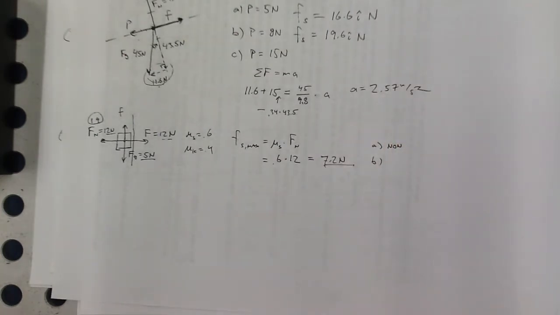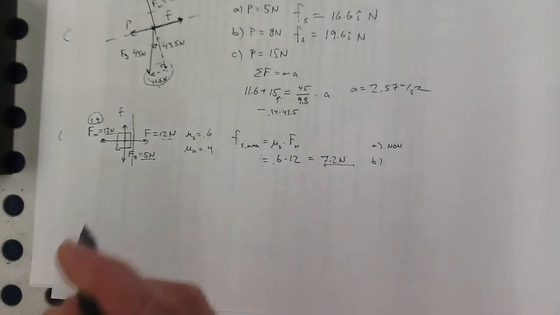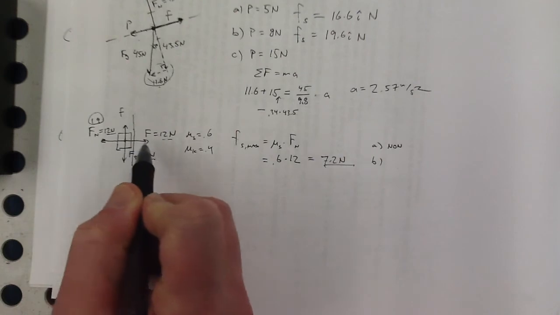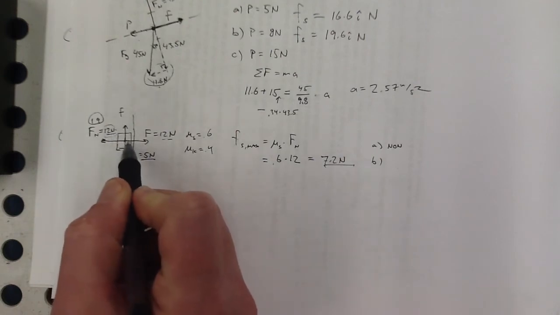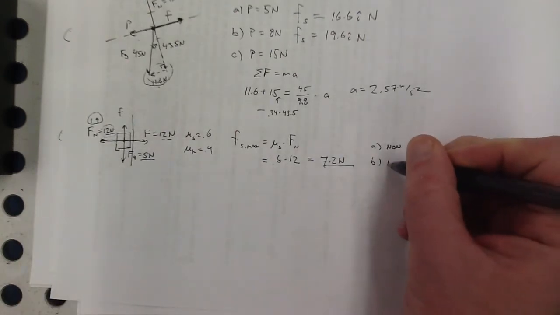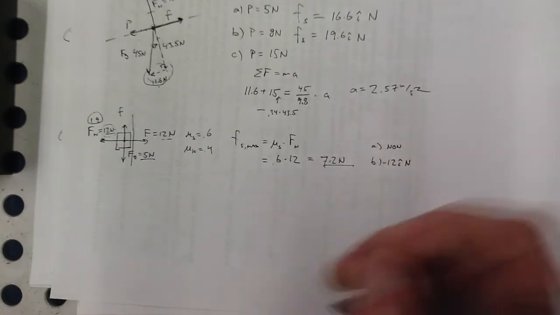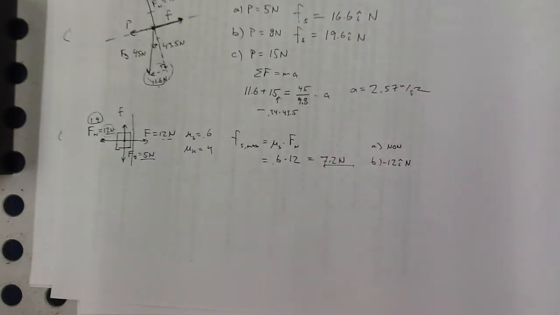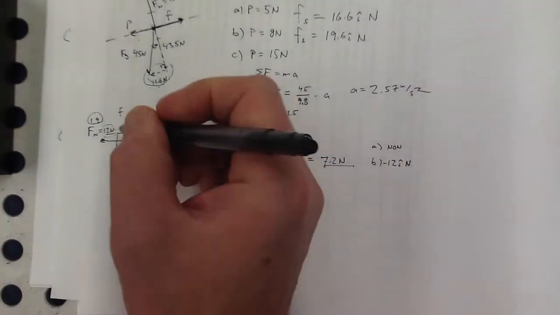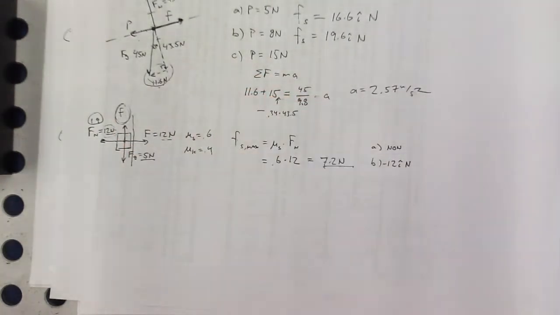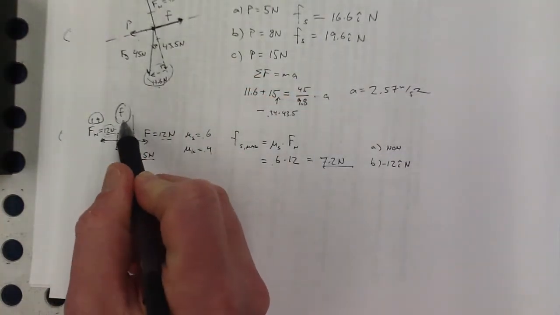And in unit vector notation, what is the force on the block from the wall? On the block from the wall, it's 12 newtons that way. So in unit vector notation, that'd be negative 12 i newtons. Oh, I see, and also this right here, that friction force, is a force on the block from the wall.